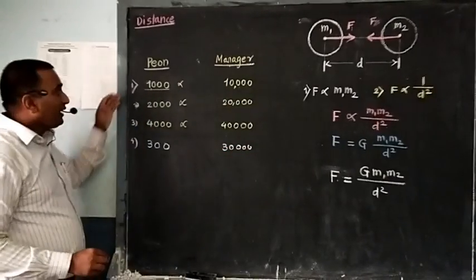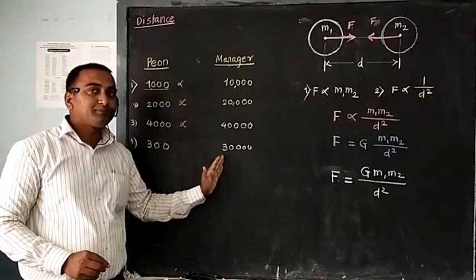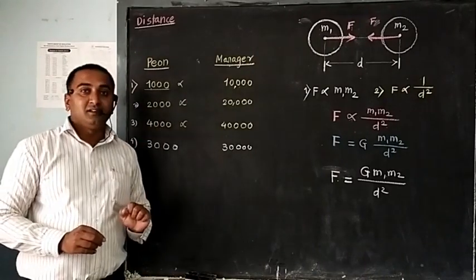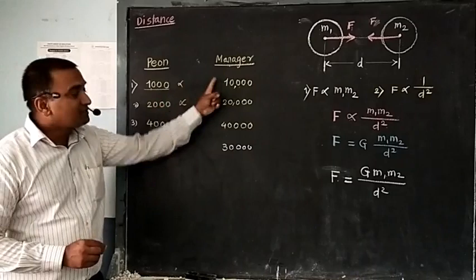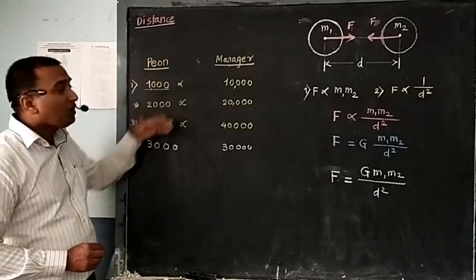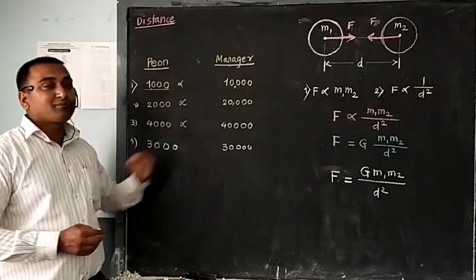So what is happening with the peon is the same happening with the manager. As it doubles for one, it doubles for the other. In whichever proportion there is a change in the peon's salary, the second person's also changes. So there is a direct proportion.